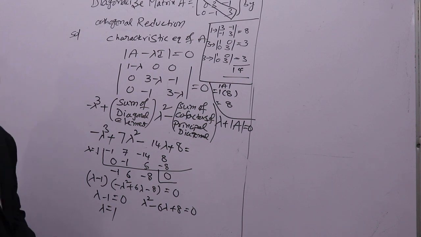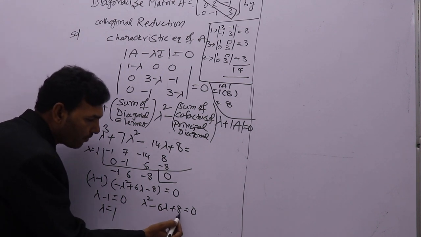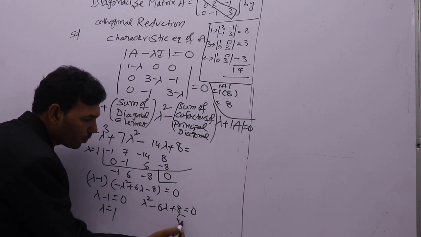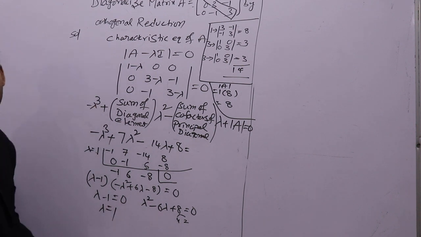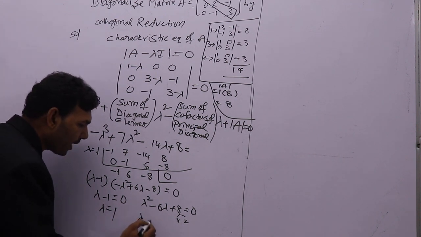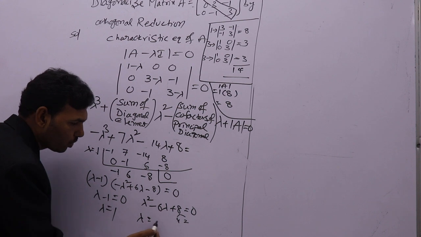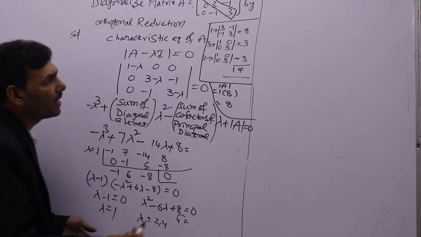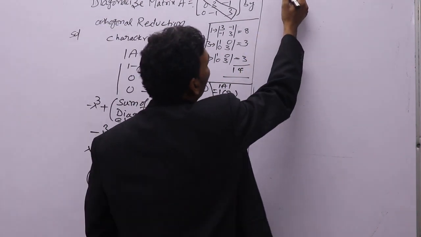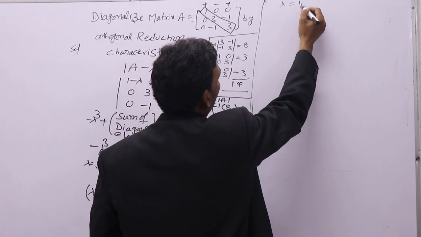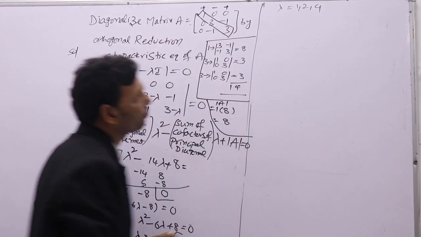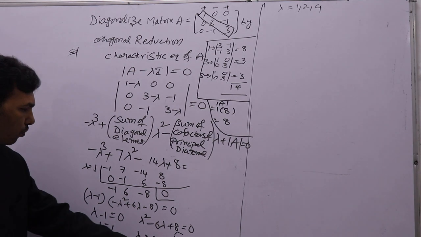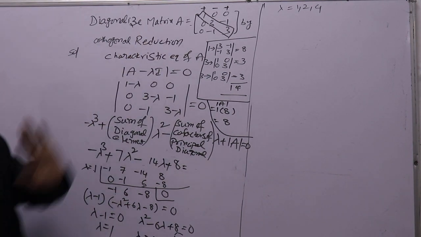You know how to find these factors. You need to find factors for 8 first. 4 2s are 8, 4 plus 2, 6. So the remaining 2 factors are already decided, 4 and 2. So finally the eigenvalues for the given matrix are 1, 2, 4. 1, 2, 4 are the eigenvalues of this matrix.